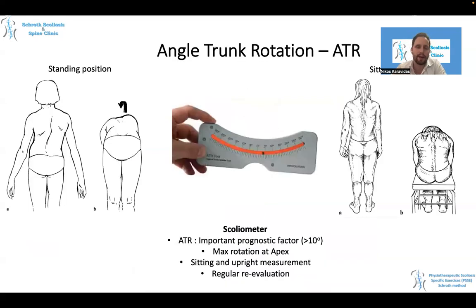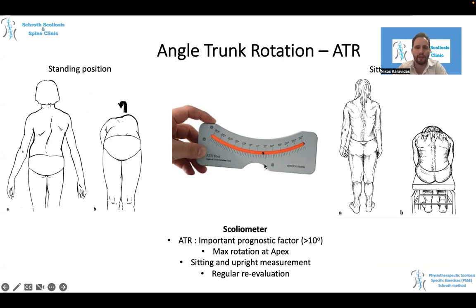Just to give you a bit more information about these clinical tools, one of the most important is the scoliometer, and I think that every specialized physiotherapist in the scoliosis field needs to have a scoliometer in their clinic. We can do the forward bending test in standing or sitting position. We usually prefer sitting when we suspect a leg length discrepancy, so that the pelvis is imbalanced, and you need to put the pelvis in balance with no tilt in sitting position, and then you ask the patient to bend forward.